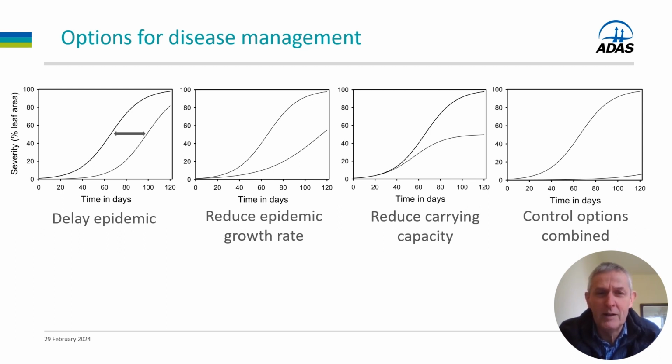So we're really looking to integrate different control methods to achieve these different effects on the epidemic in order to achieve that combined effect. So let's look in a bit more detail now at how each of these works.